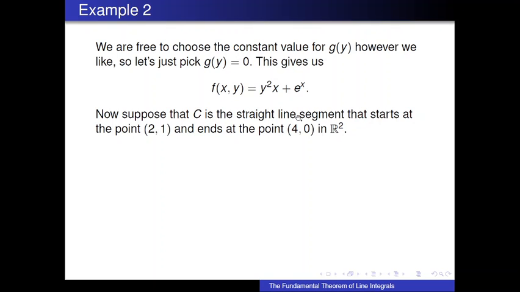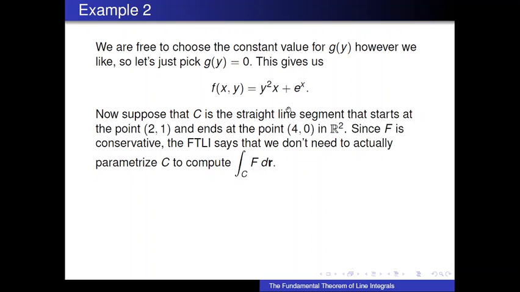To do a line integral of some vector field over this line segment, you might have to parameterize it. But the fundamental theorem of line integrals comes to our rescue here because we have shown the vector field in question to be a conservative one. It is the gradient of this function here.